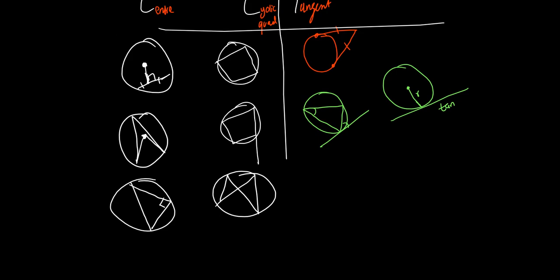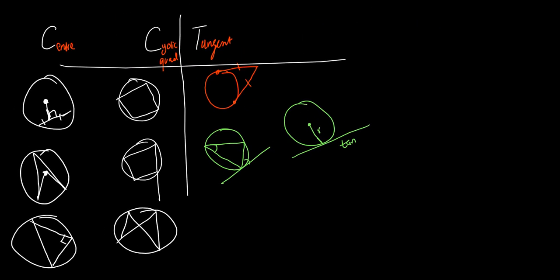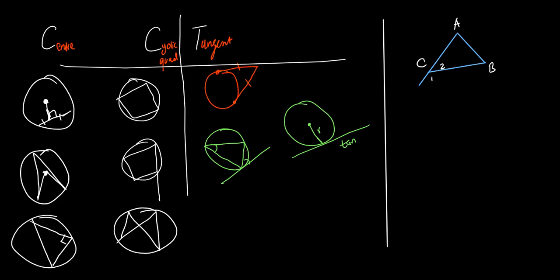But along with these, kindly revisit the properties of triangles, because they can be sneaky with triangles. I can give you a triangle right now like this, and we must know that if I call it A, B, C, here angle C1 is going to be equal to which angles?